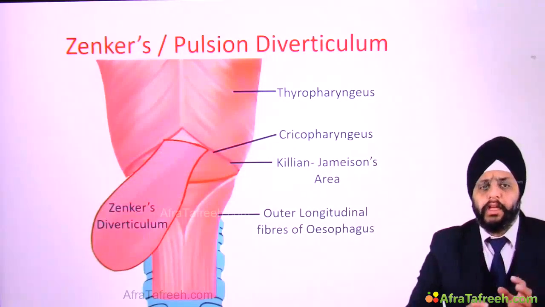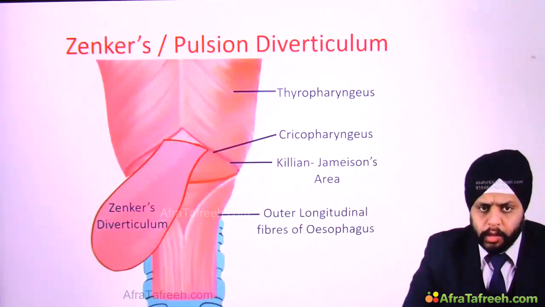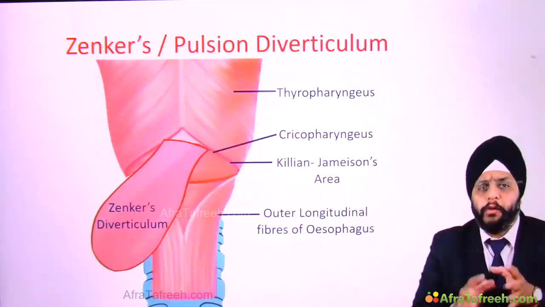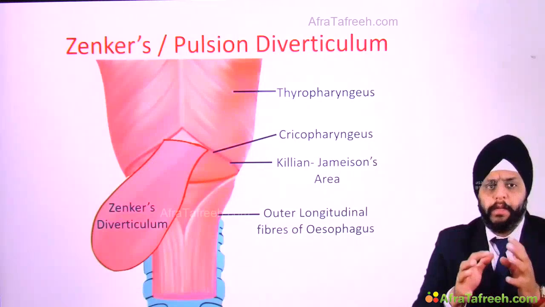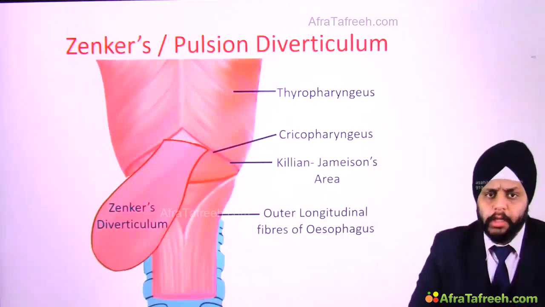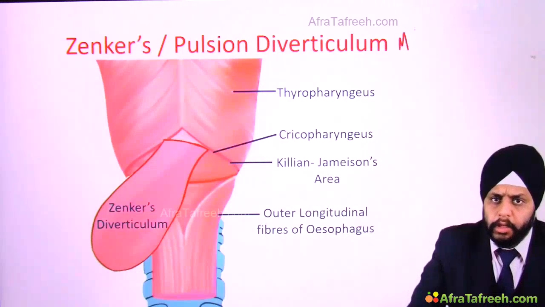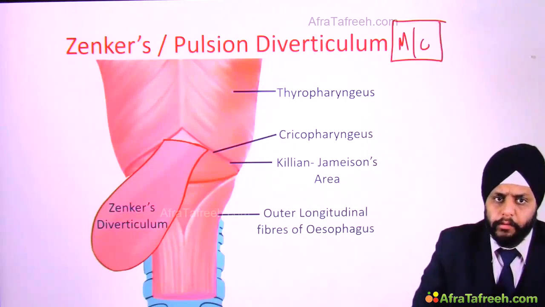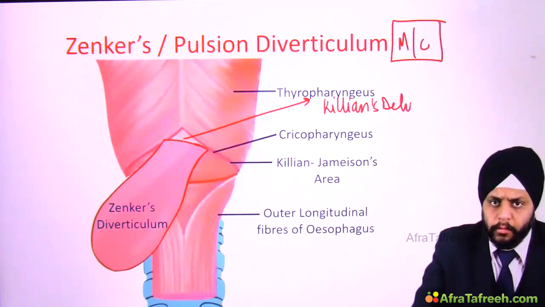This pouch is known as Zenker's diverticulum or pulsion diverticulum, or hypopharyngeal pouch. The most common location is Killian's dehiscence.